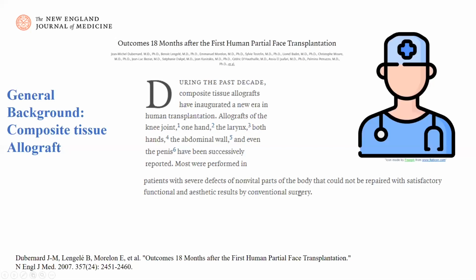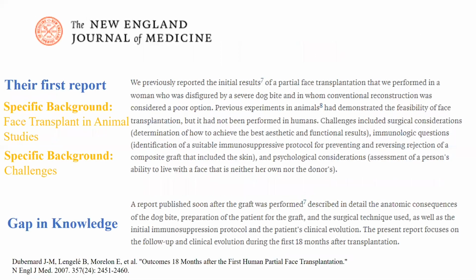This is a very well written introduction, and it follows the same funnel shape, going from the general, talking about why we need composite tissue transplantation, and then they go into the specific of their case.